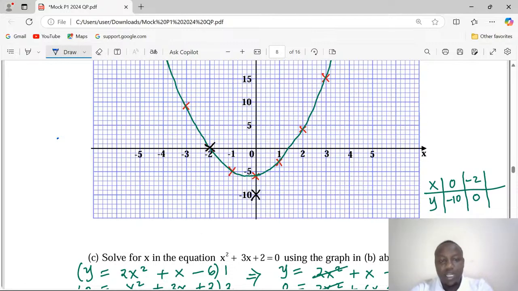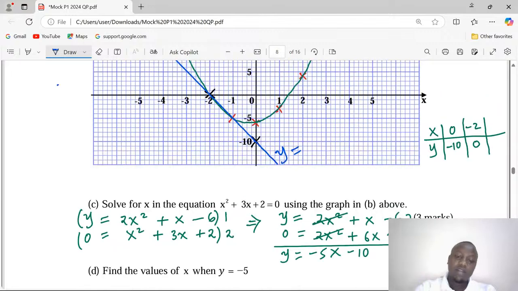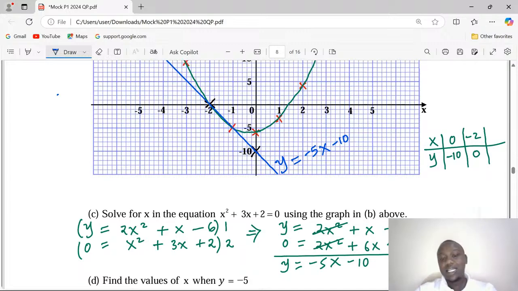So let me do the straight line now. So my straight line, y equals negative 5x minus 10. That is a straight line.